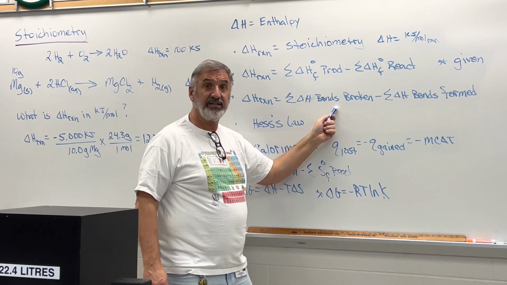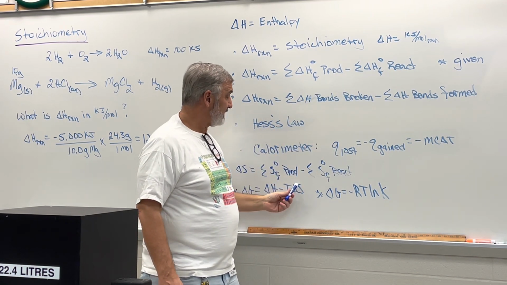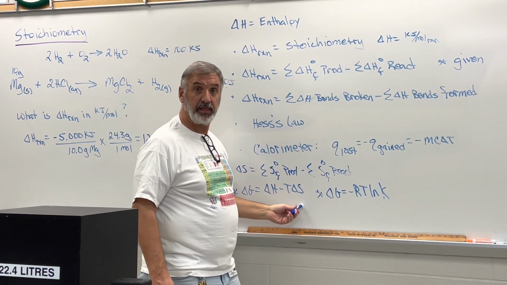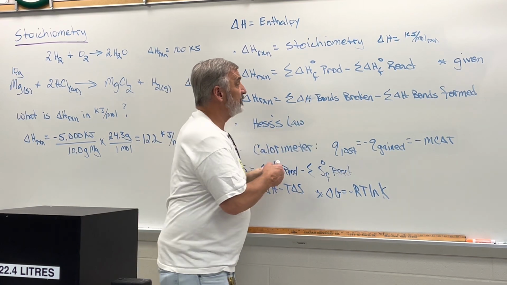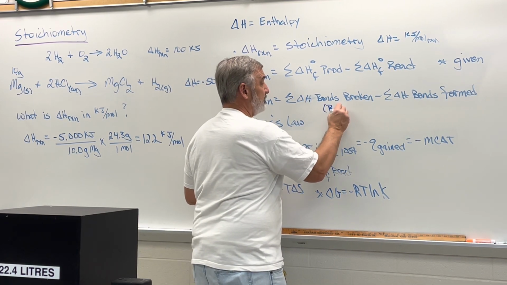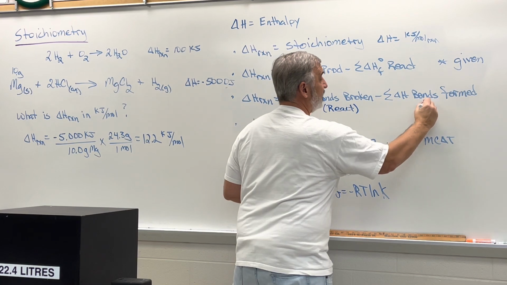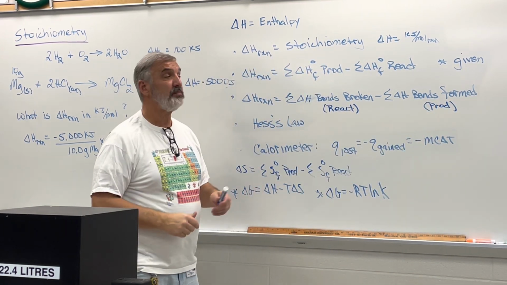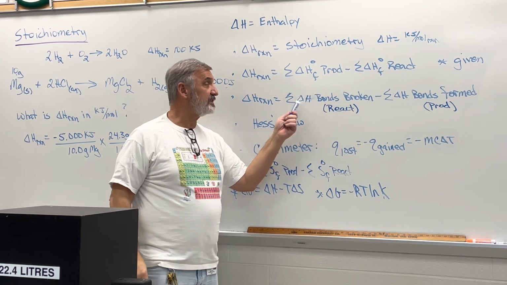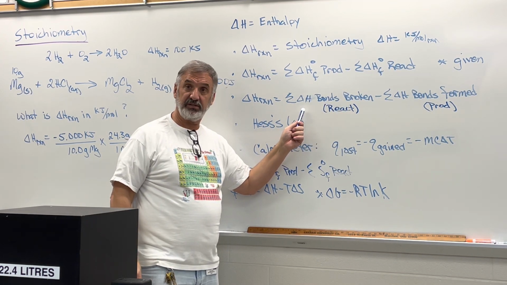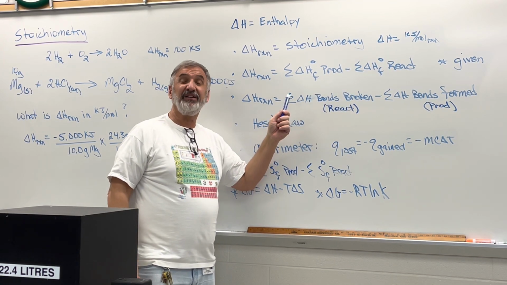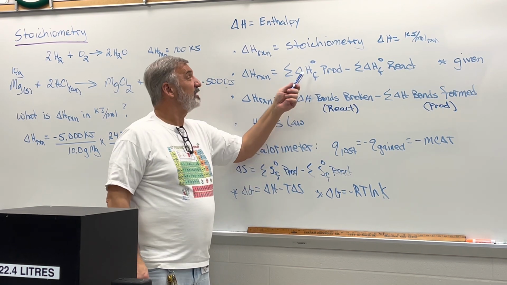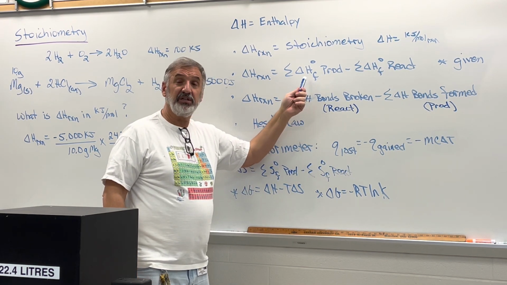This one is not. All of these are products minus reactants. This one, remember, is reactants, and this one is products. This one's backwards from all the other ones. Bonds broken minus bonds formed. This one is not on the equation sheet. But if you're given bond energies, use this one. If you're given heats of formation, you use this one.